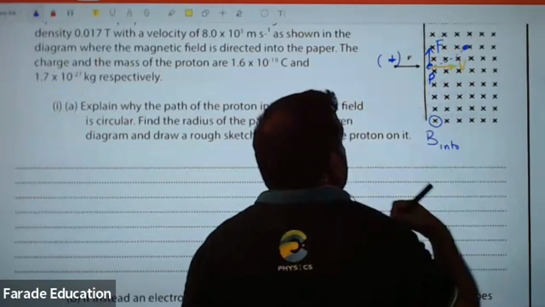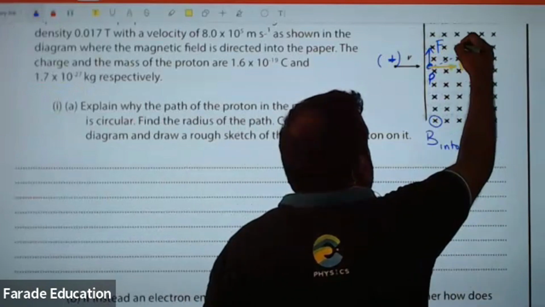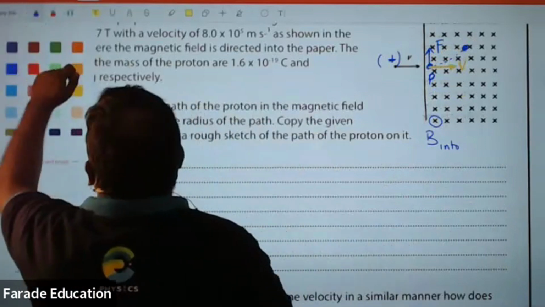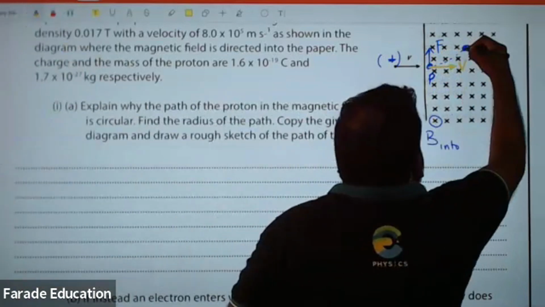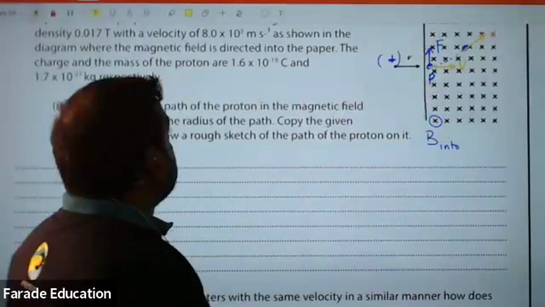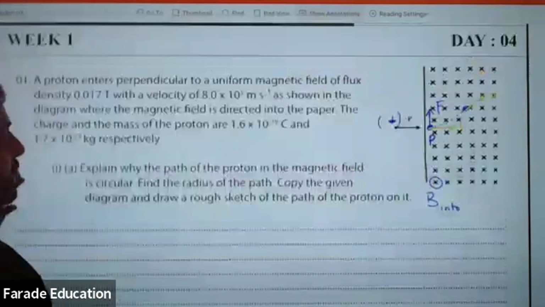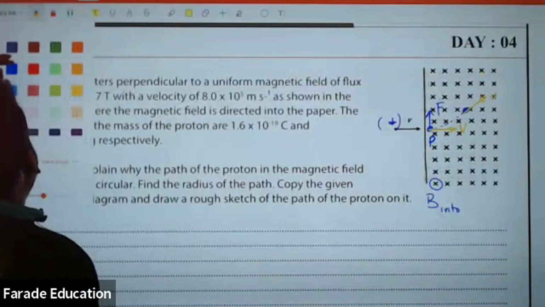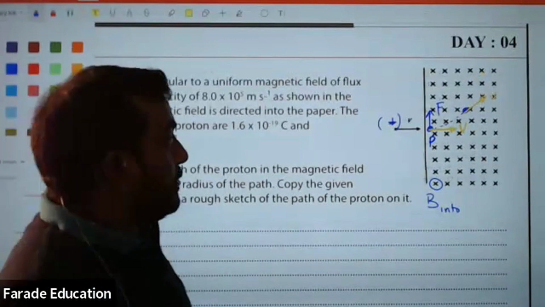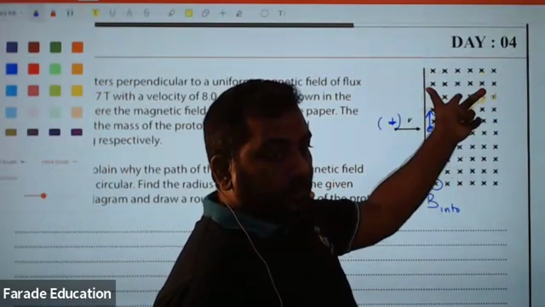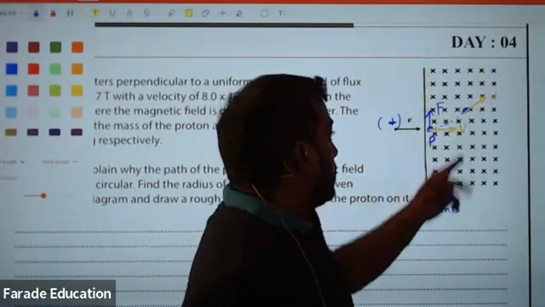Now again the proton is here. The tangential speed is the same, V. If I move it slightly down, the tangential speed is the same V. Apply the left-hand rule again: field inwards, positive charge in that direction, field, current, force.